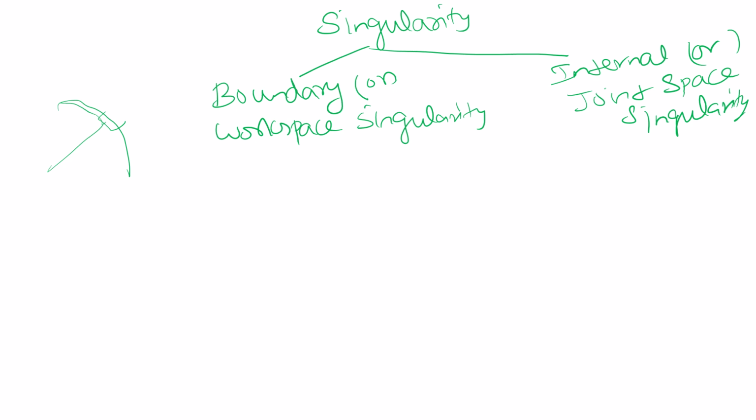At joint space singularity, you will have infinite inverse kinematic solutions, and for small Cartesian motions you will attain infinite joint velocities. So by analyzing the Jacobian of the manipulator, we can determine the singular positions of the robot, and we have also understood how important it is to determine the singular positions of the manipulator.